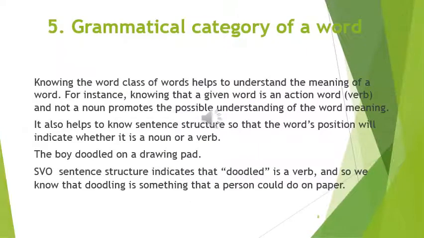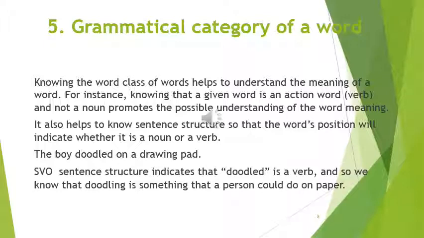The next thing is the grammatical category of a word. The grammatical category of a word is what we know as the part of speech of a language. The parts of speech of the English language, as we know, are eight: noun, verb, adverb, adjective, pronoun, preposition, and so on.